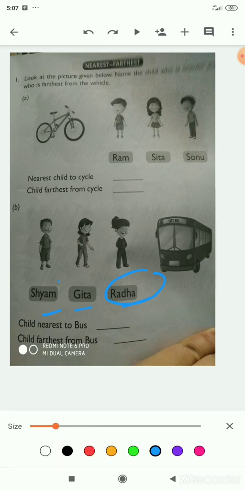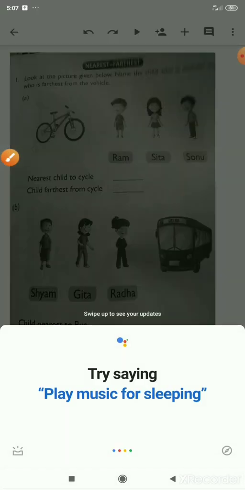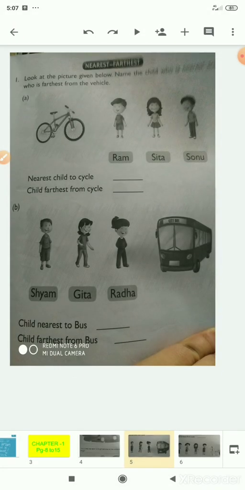So in the first blank here we will write Radha and in the second gap we will write Shyam. Okay, now this is done. Page number 9 we have done.